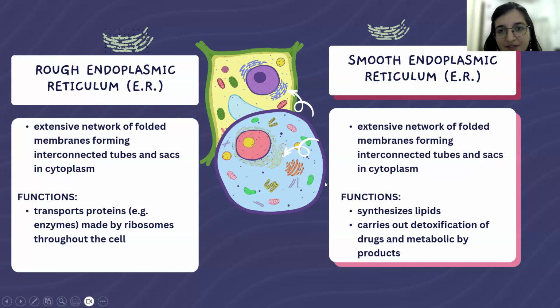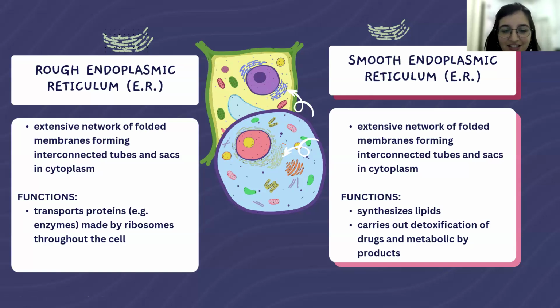And then we have the smooth endoplasmic reticulum. Now this one's smooth, they synthesize lipids, and they also carry out detoxification of drugs and metabolic byproducts. Have you heard of detoxification before? If not, that's okay.